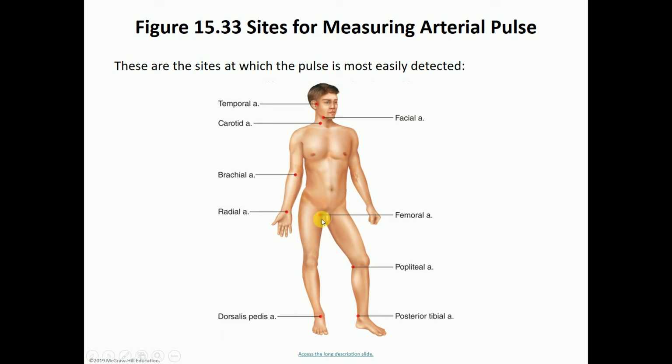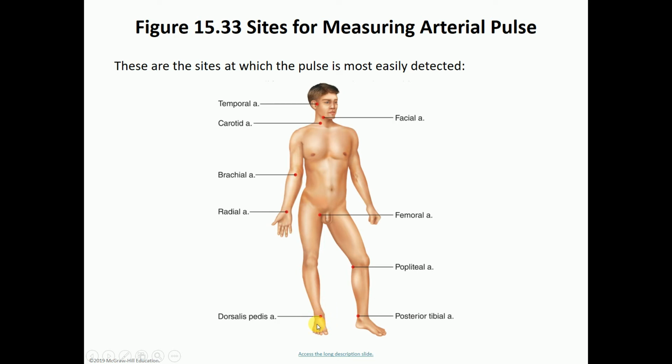So again, for circulation, if you cannot feel the distal blood vessels, you can start going proximal to find if those are felt or not. So let's say you cannot feel, especially in diabetic patients, because they are more prone to atherosclerosis and gangrene, which is something that you really want to keep an eye out for in diabetic patients. They will always get their pulses checked. So the dorsalis pedis artery, that is one of the more distal arteries.